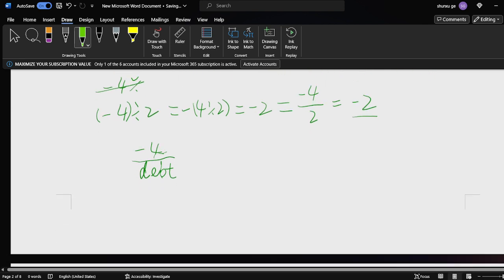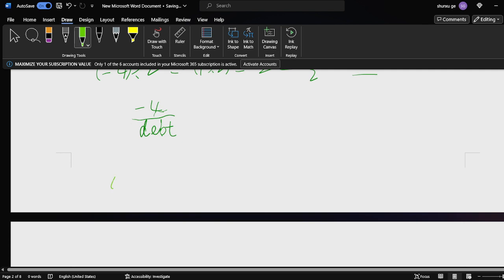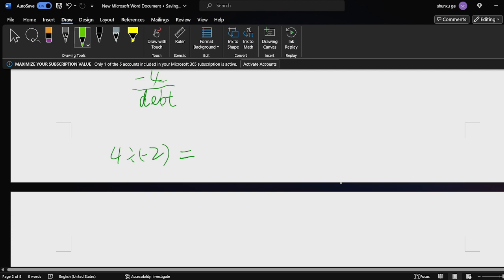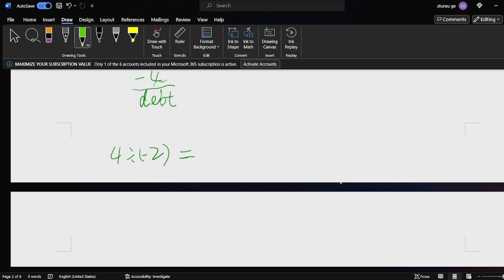Okay, so we write another question. What does 4 divided by negative 2 mean? What does this mean? Okay, we can write it in 2 parts. 4 divided by negative 1 times 2. So that means negative 2 here. Negative 2 equals negative 1 times 2. This form.